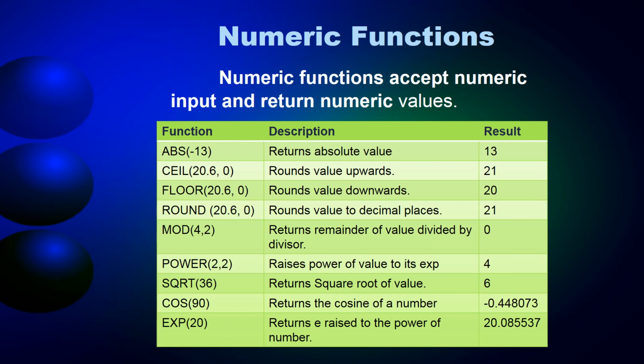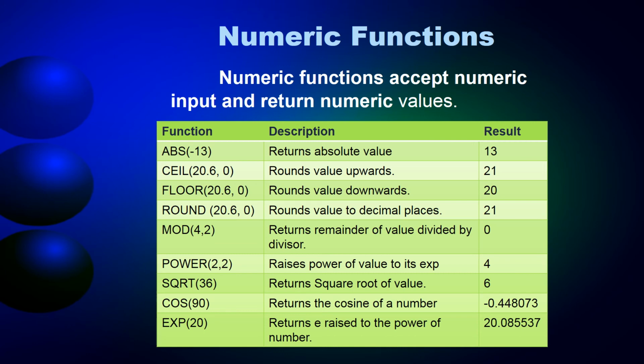Next is the round off function. A round off function returns a value rounded to the integer place. If we give round off 20.6 comma 0, it will return 21 as the value. Next function is the mod function.